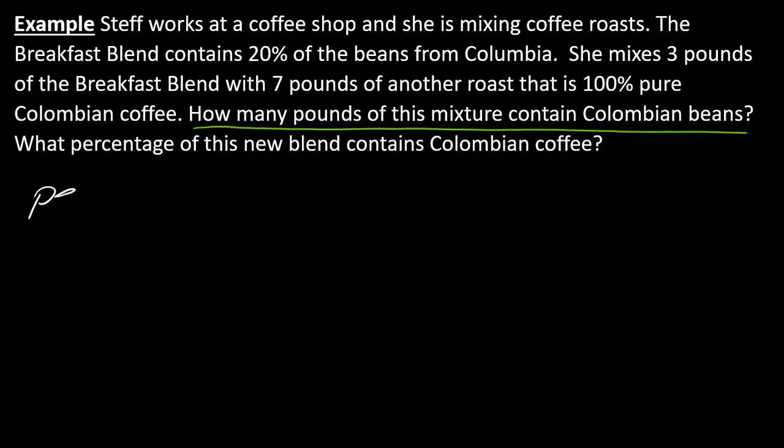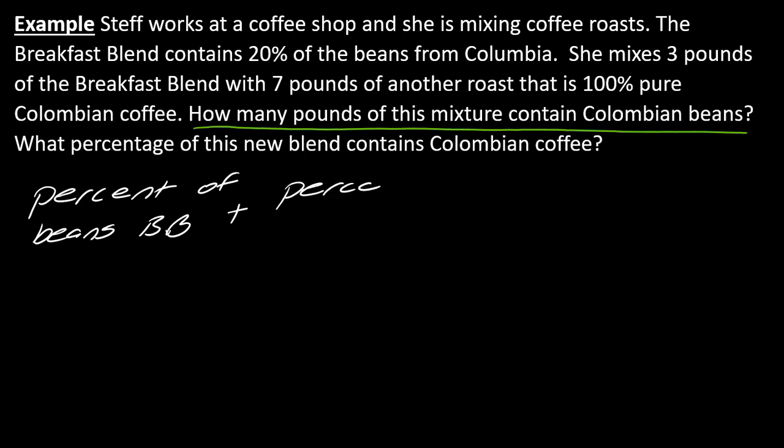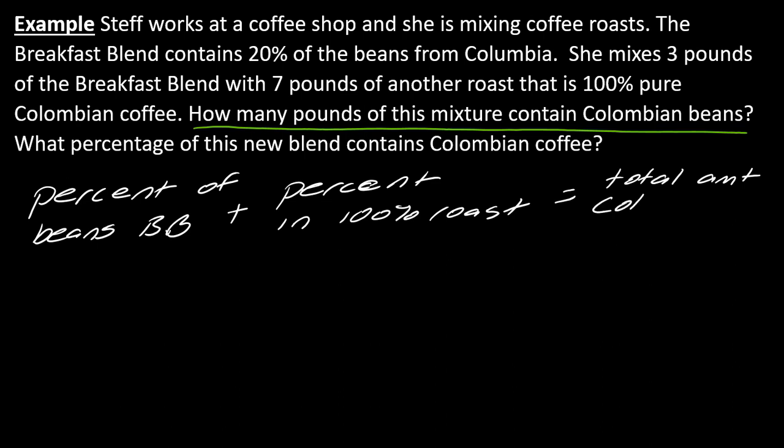So I've got the percent of beans in the breakfast blend plus the percent of beans in the 100% roast. So it's just showing me how to set this up. And this is going to give me the total amount of Colombian beans.